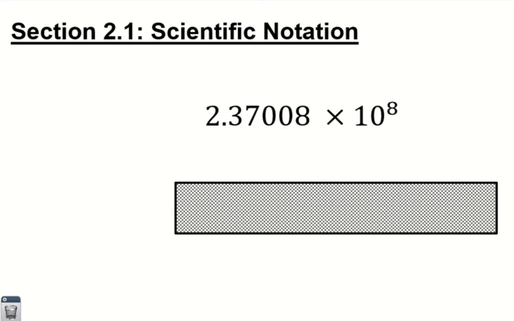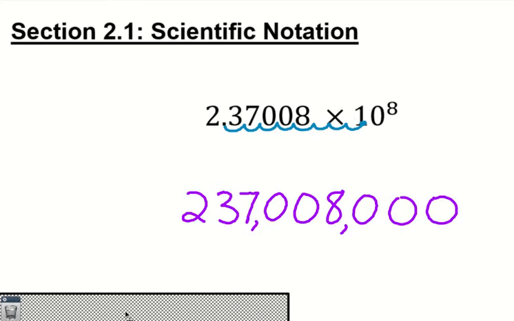So let me grab my pen tool. You're going to move this decimal place 1, 2, 3, 4, 5, 6, 7, 8, and it looks like you would need 3 placeholder zeros here, here, and here.